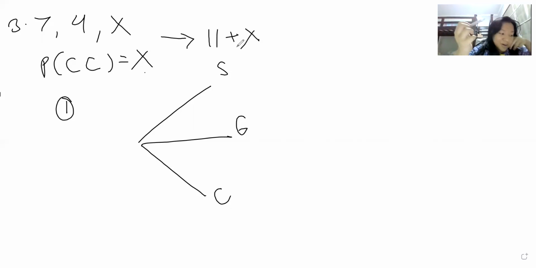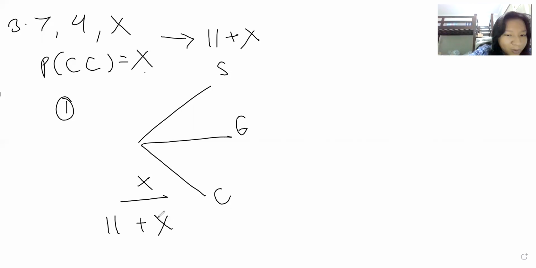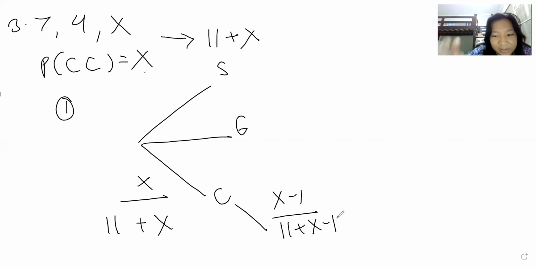I guess that's the correct answer. So for copper, there will be X over 11 plus X, or X plus 11, same thing. And the second take, it will be X minus 1 over 11 plus X minus 1.